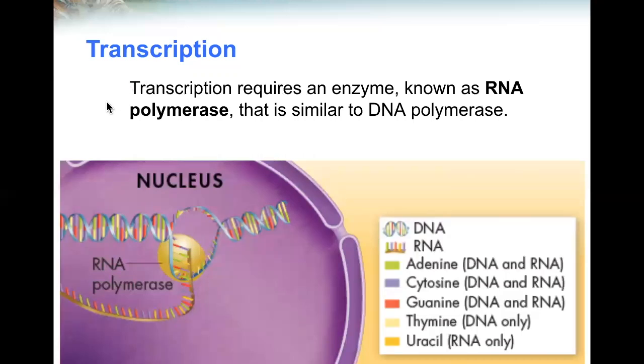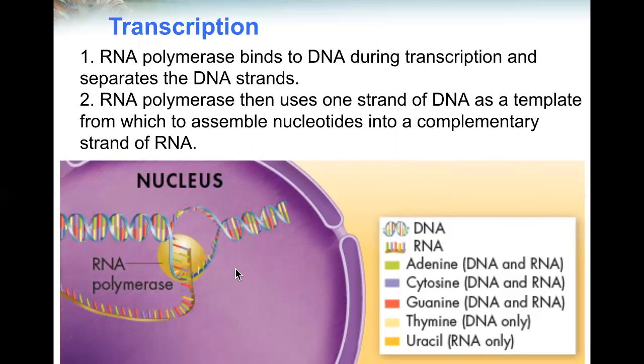Transcription requires an enzyme known as RNA polymerase that is similar to DNA polymerase. RNA polymerase binds to DNA during transcription and separates the DNA strands. RNA polymerase then uses one strand of the DNA as a template from which to assemble nucleotides into a complementary strand of RNA.